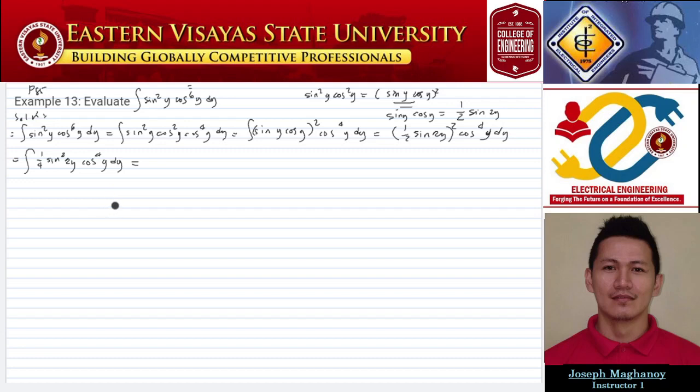Okay, so what are we going to do next? Let's always make it a habit to observe the power. Here we have real number constant 1/4, so we can move that 1/4 outside the integrand. So sine raised to 2y is already stable.